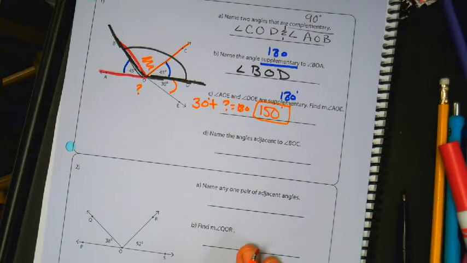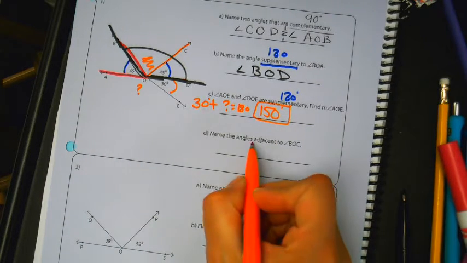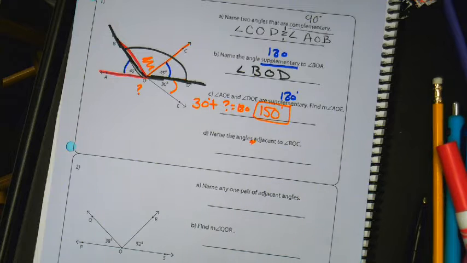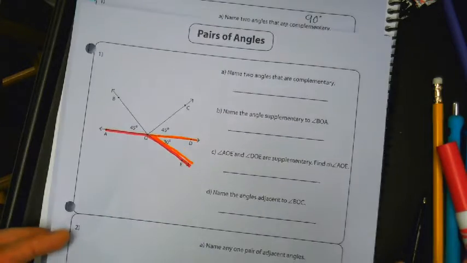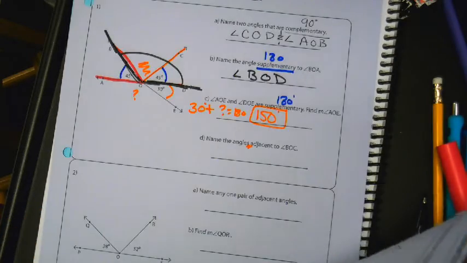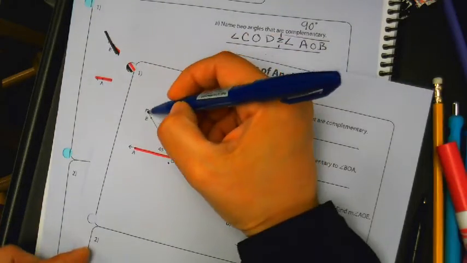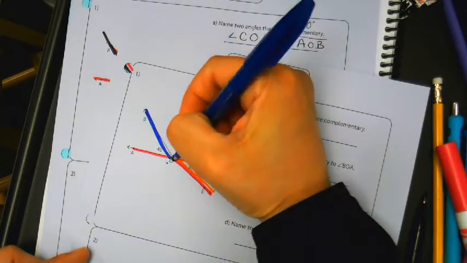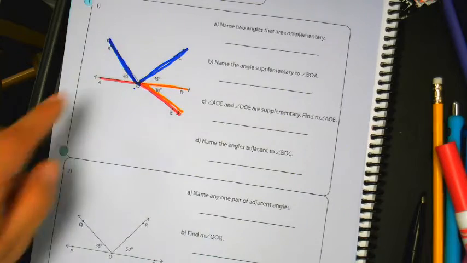Name the angles, plural, adjacent to angle BOC. What does adjacent mean? Next to each other, on the other side of the segregation line. BOC. This one. So this angle. What is next to this blue angle?